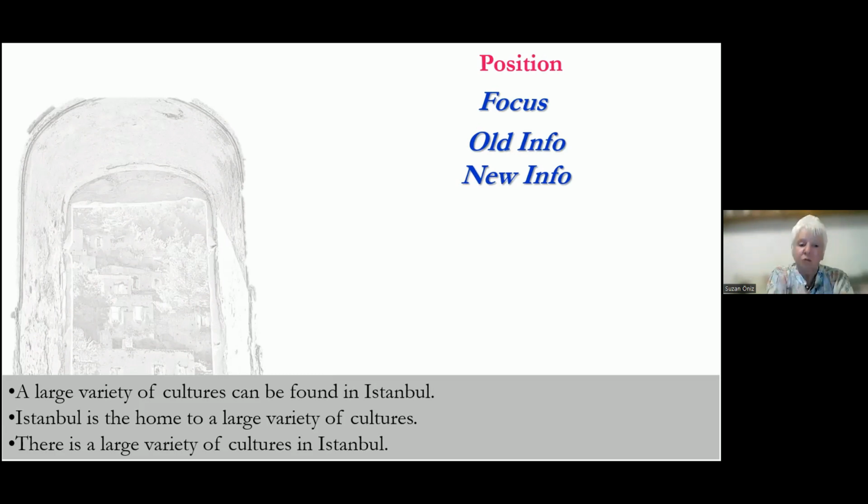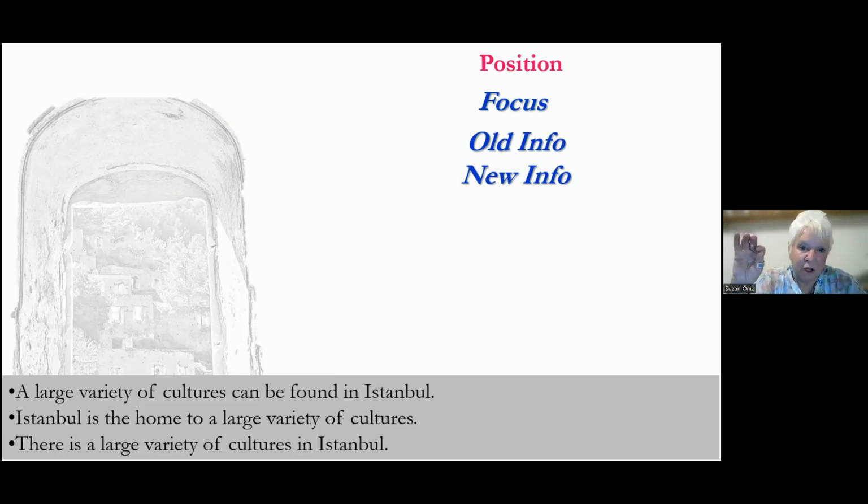Without delay, you want to introduce your concept, but you can't put it at the beginning. So you kind of postpone the appearance by pushing it into the middle position, and you use there is, there are. So there is, there are is a very handy structure to introduce new information, because at the beginning, we have something empty, meaningless. There is, there are, that doesn't carry meaning.